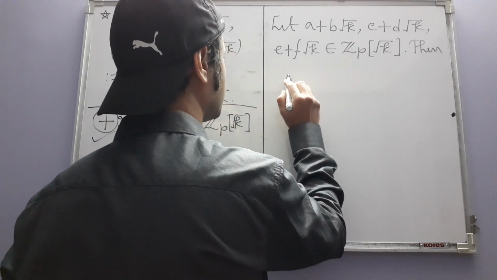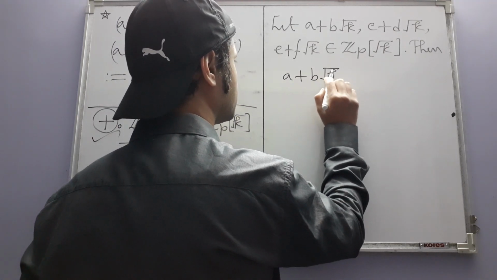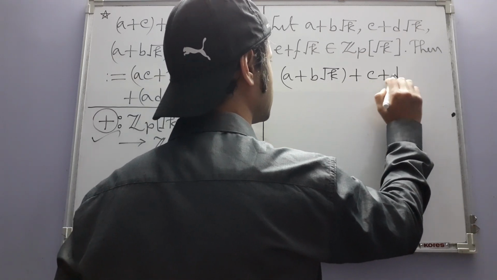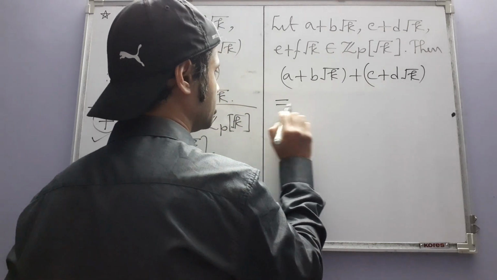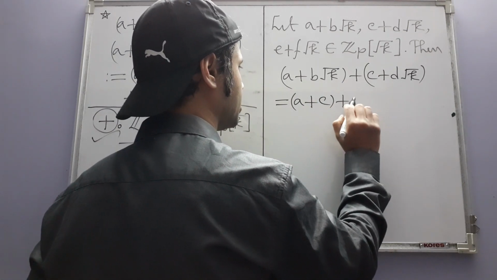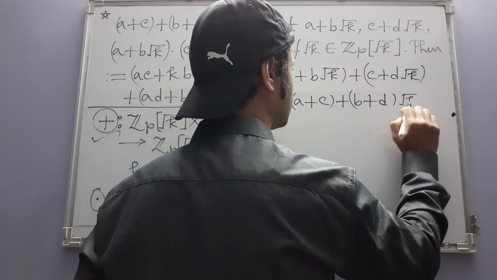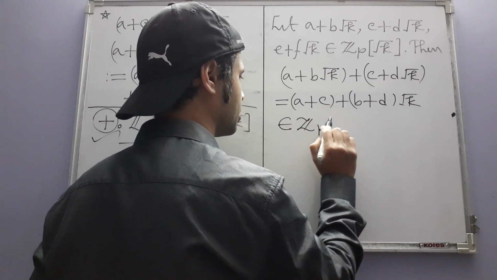Then a plus b root k plus c plus d root k, which is equal to a plus c plus b plus d root k. Of course, it belongs to our set.